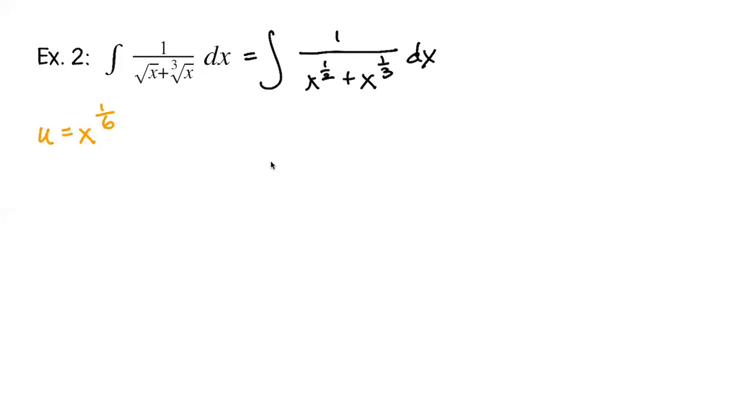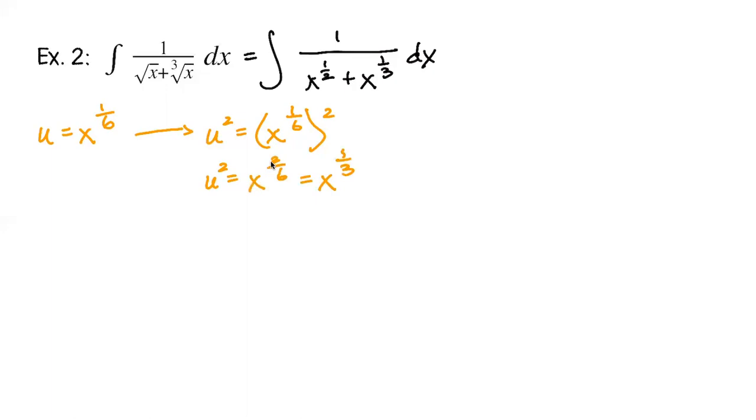Okay. So here's why that might be important. If I say that u equals x to the 1/6, if I square both sides, u squared equals x to the 1/6 squared, then I'm gonna get u squared equals x to the 1/3, okay?